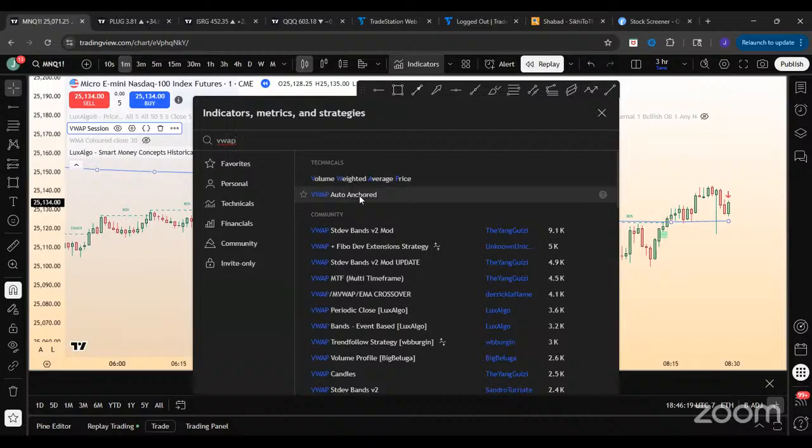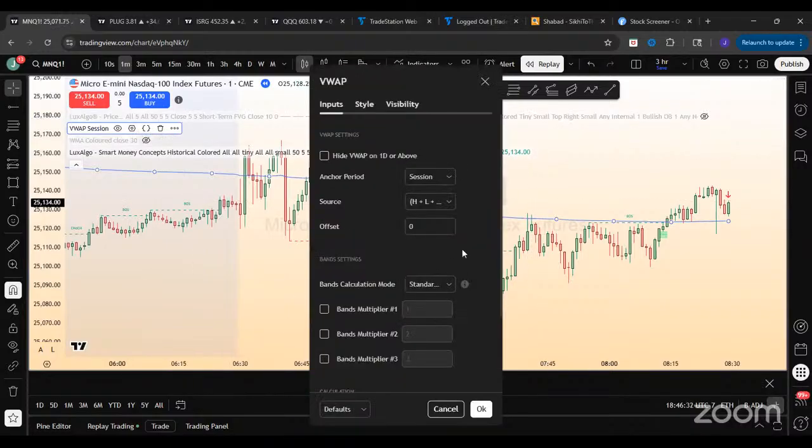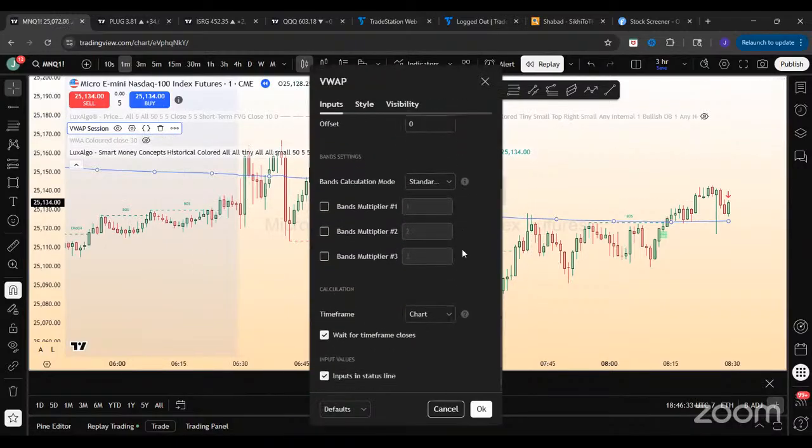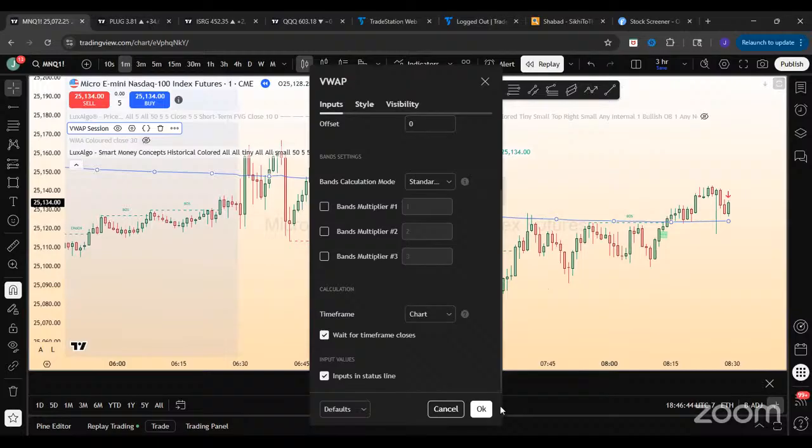I think there is an auto anchor too, but it becomes tricky with that because then you need to know where to anchor it. I don't have anything changed there. It can give you a band multiplier, which I took off. It just confuses me again. So I took off the bands and just have the main VWAP line. That's all.